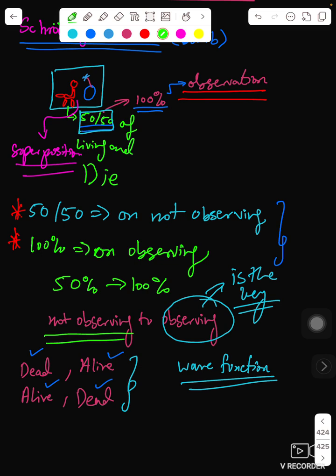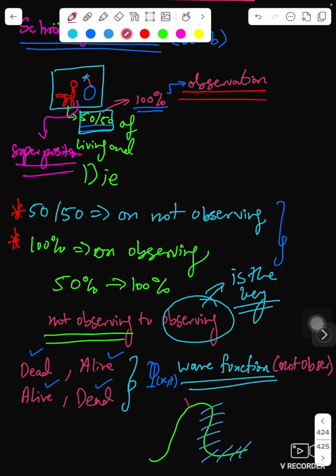If I didn't make it clear, sorry for that. I will make it as clear as I can. This is what the wave function looks like. The wave function is something which gives us different probabilities, and again, let me clarify, when not observed.